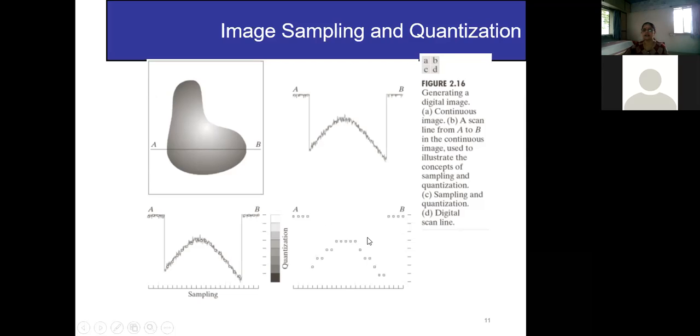Here we are considering only one-dimensional data, that is one line of the image from the given image.